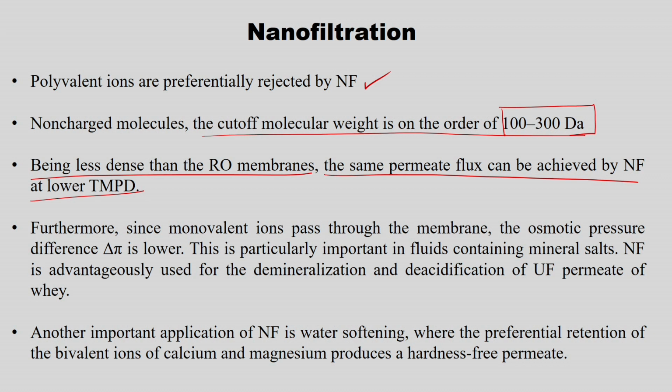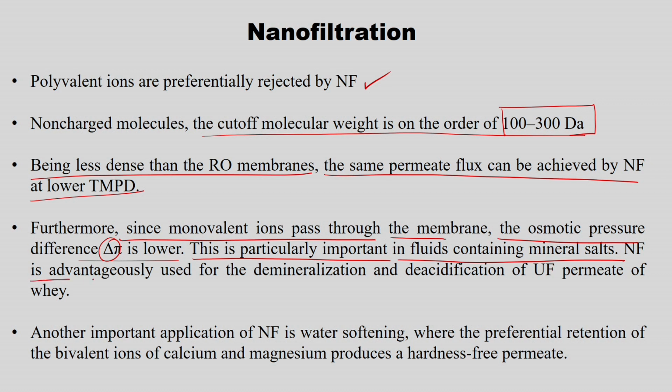process. Furthermore, since monovalent ions pass through the membrane, the osmotic pressure difference, which is nothing but del phi, is lower in nanofiltration compared to reverse osmosis. This is particularly important in fluids containing mineral salts, because we have already said that for mineral salts osmotic pressure is high. So, when we process mineral salts through a nanofiltration membrane, the process can be done at lower osmotic pressure difference.